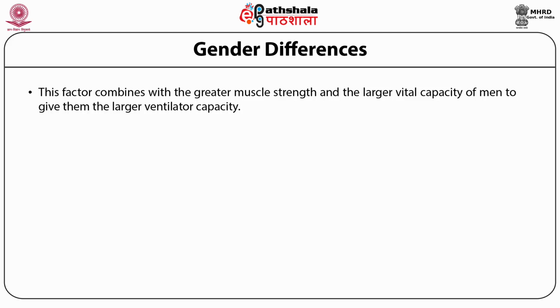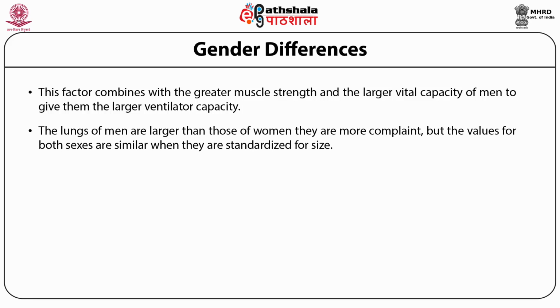However, the proportion of forced vital capacity which can be exhaled is less for men than for women, which suggests that male airways may be more susceptible to dynamic compression. As the lungs of men are larger than those of women, they are more compliant, but the values for both sexes are similar when they are standardized for size.